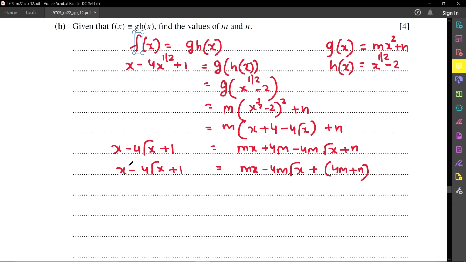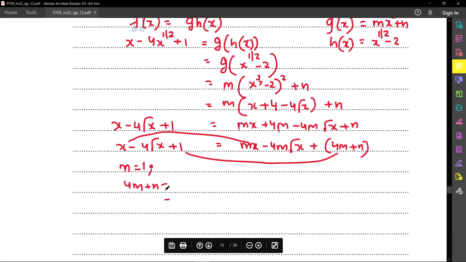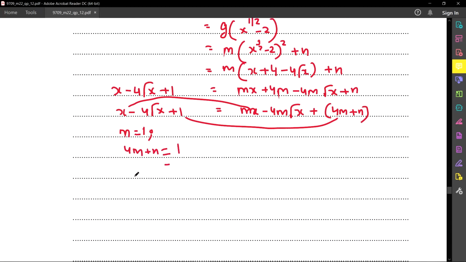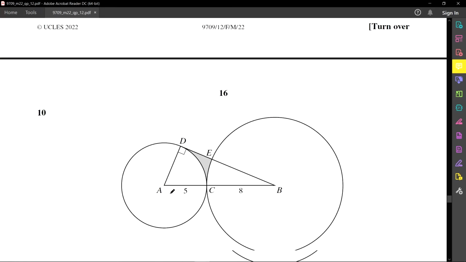So if we compare the x with the mx, you get m equal to 1. When you compare the constant terms, you get 4m plus n equal to 1. m is 1, so 4 plus n equal to 1, and n equal to minus 3. That's how you work out that question.